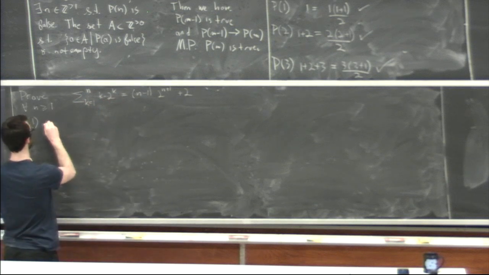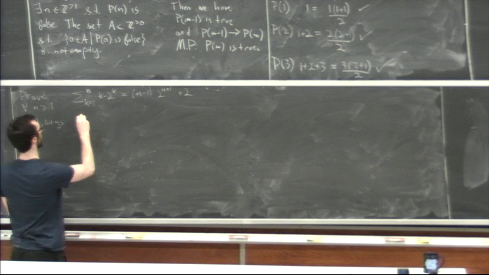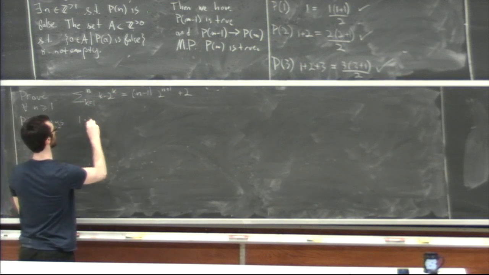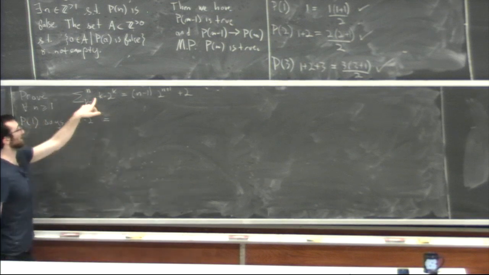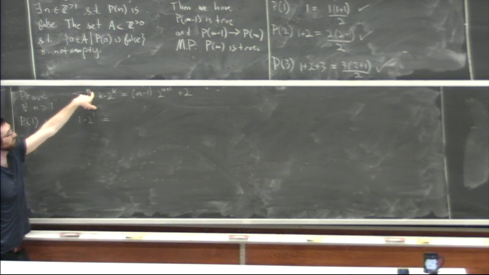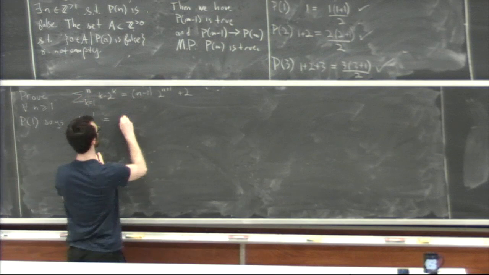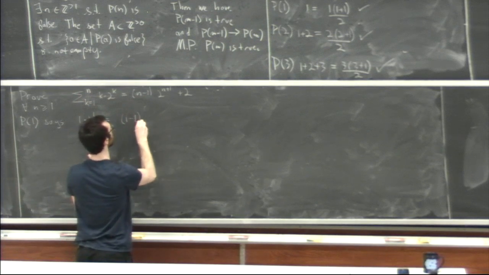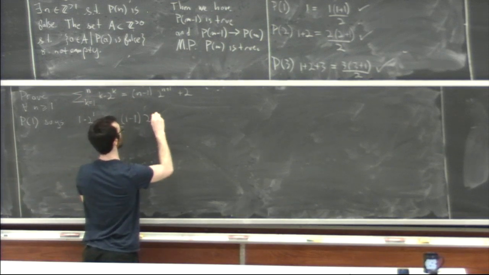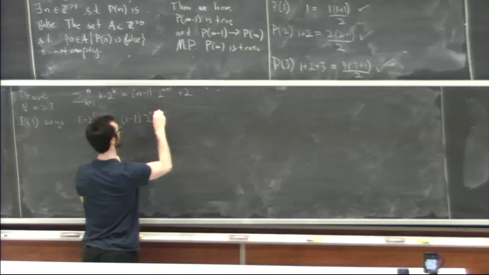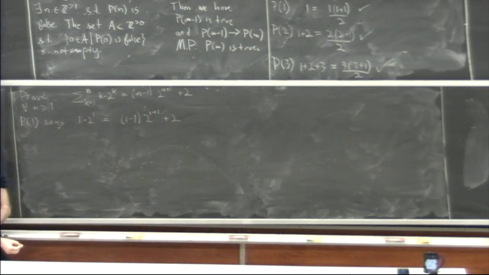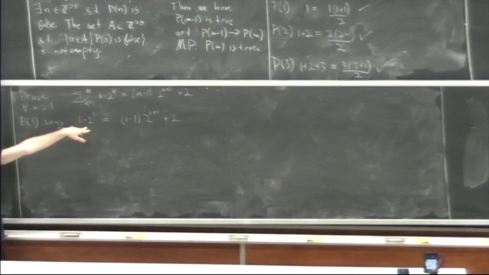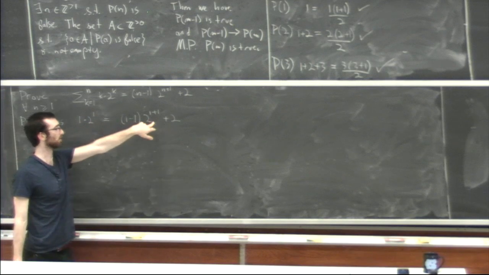So P of 1 says 1 times 2 to the 1 is equal to, and now n is 1, (1 minus 1) times 2 to the 1 plus 1, plus 2. Okay? And indeed, this is true. 1 times 2 is equal to 0 plus 2.